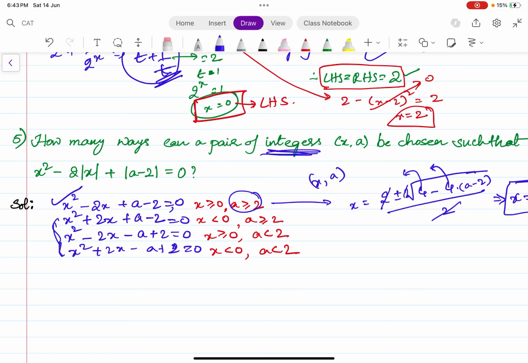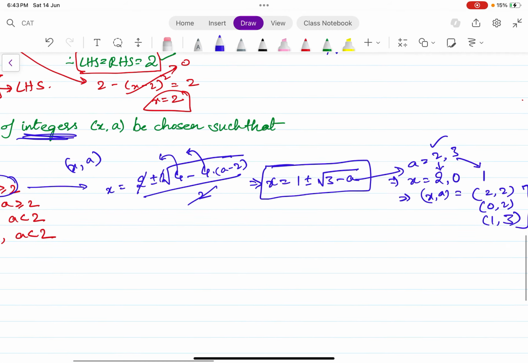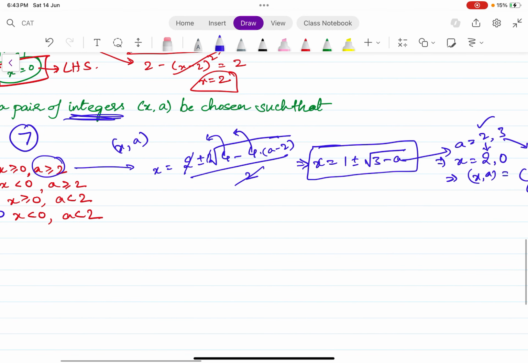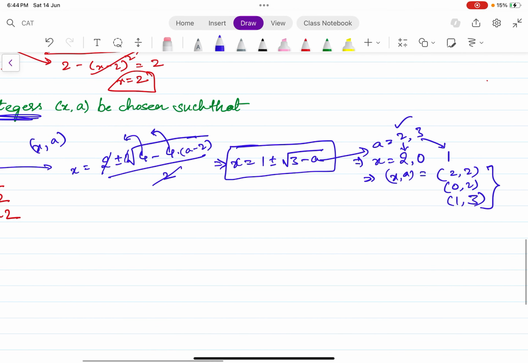Similarly, you can do it for the remaining 3 equations. I think you will get a total of 7. And the important thing to note here is, while doing this for other equations, the same ordered pairs might repeat. Once those repeat, obviously those need not be taken into account, and only the unique ordered pairs are what we'd have to focus on.